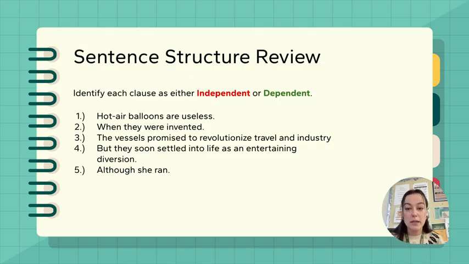So in order for this to be grammatically correct in a sentence on its own, right, when they were invented, there were 3,000 people in the village. Something of that sort, right? It needs to give information and context to when they were invented, because the clause itself, when they were invented, doesn't really make sense to be a complete sentence on its own.